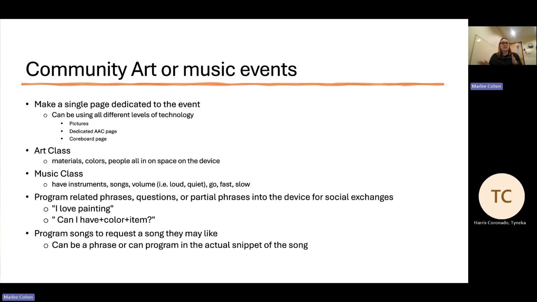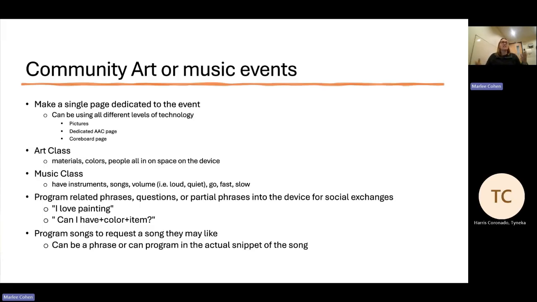If your child is super into art in an arts class, you can make boards with the materials they'll be using, the different colors, the people in the space, and talk about what you see in the space. So, for example, a pottery class may have the pottery wheel, but a painting class will have easels.